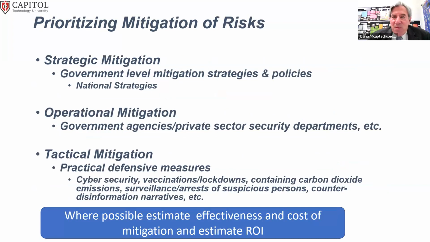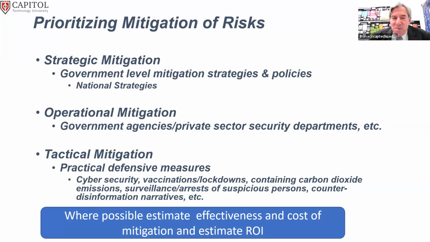There's mitigation at the operational level, where government agencies or private sector security departments are involved. For example, after 9/11, an example of operational mitigation was the establishment of the Department of Homeland Security and the passing of the Patriot Act and other measures.